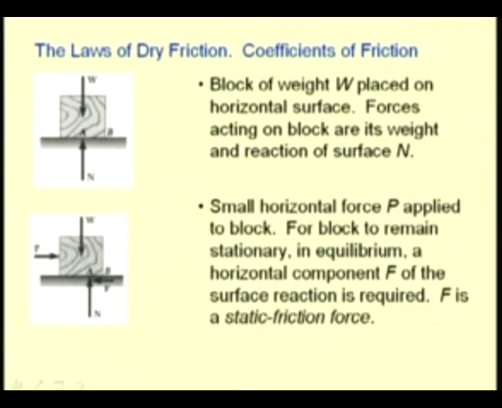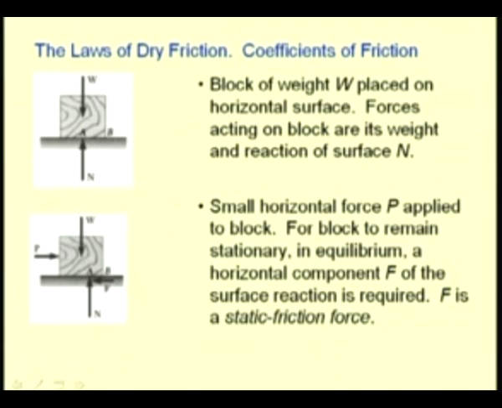When a small amount of force P acts on this body, then a corresponding amount of frictional force develops at the contact between A and B, and this is what we call static friction, because the object is still at rest, and so this frictional force that is developed is the static frictional force.